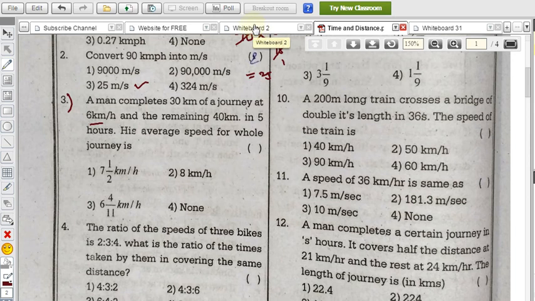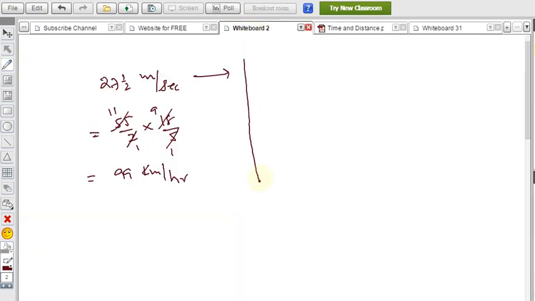First we take the total distance of the journey. Total distance is 30 plus 40, that is 70 kilometers. Then the total time taken.